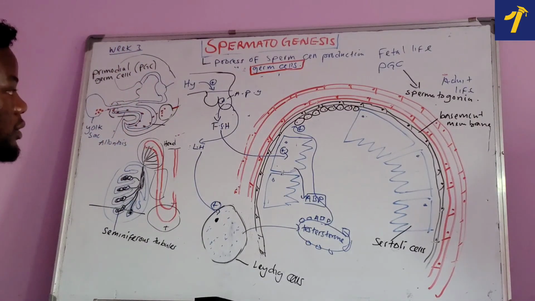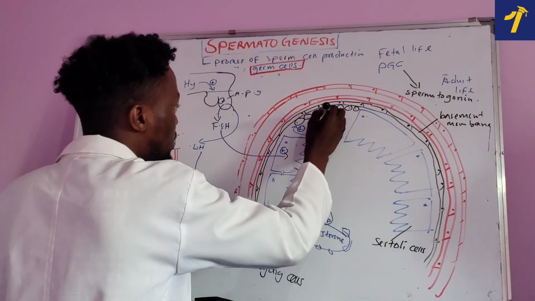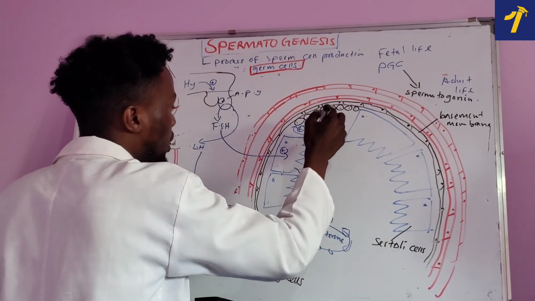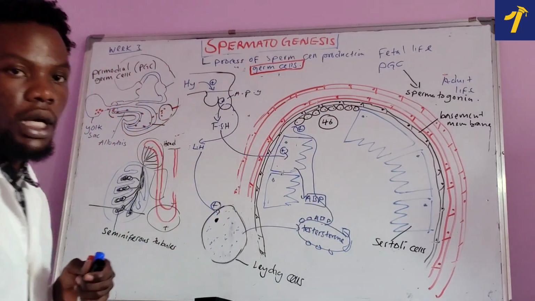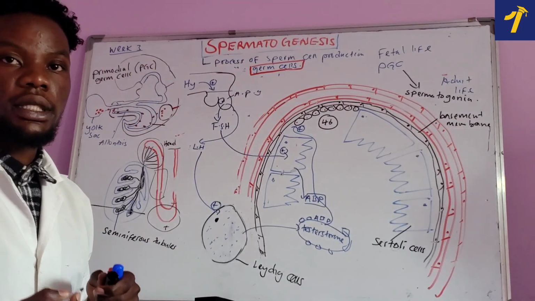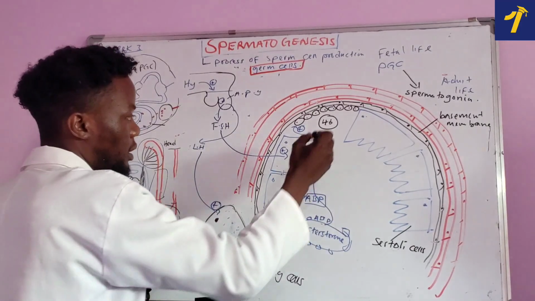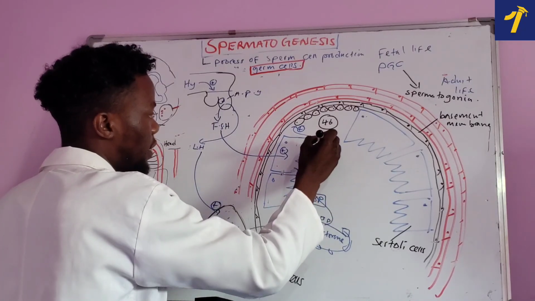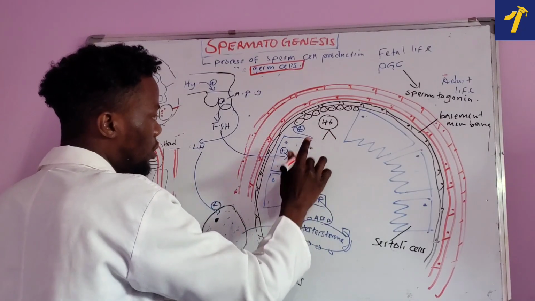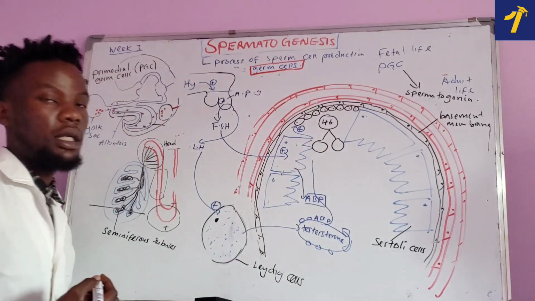Alright? Now let's continue. Since this has been stimulated, this is the spermatogonia with now 46 chromosomes. So remember that spermatogonia, it has what? 46 chromosomes. Okay? So what's going to happen is that this spermatogonia is going to differentiate or divide into two important cells.